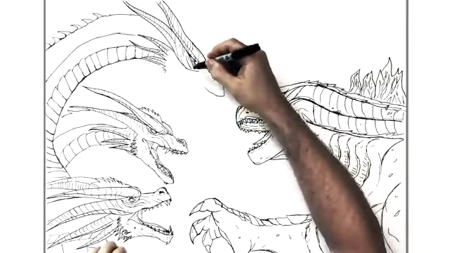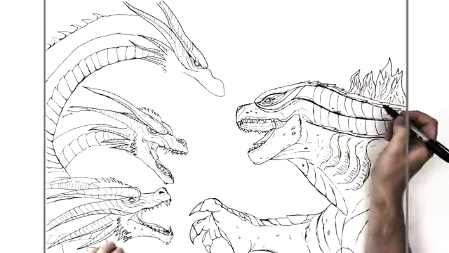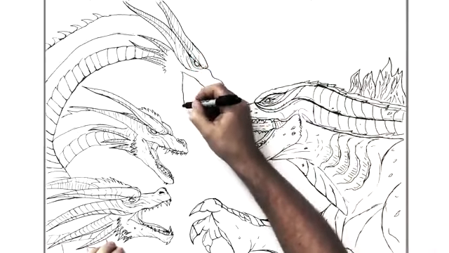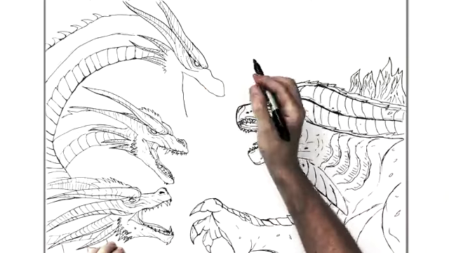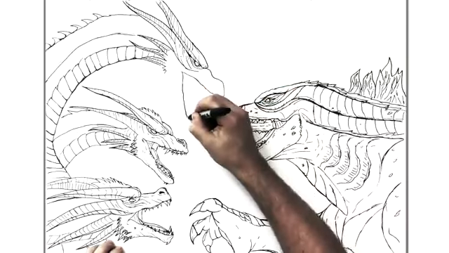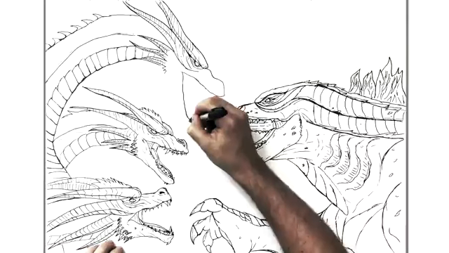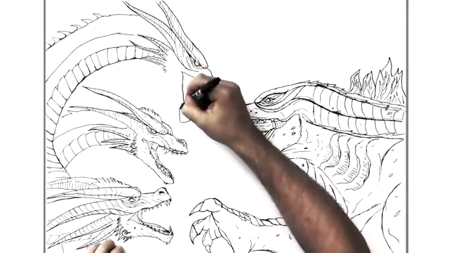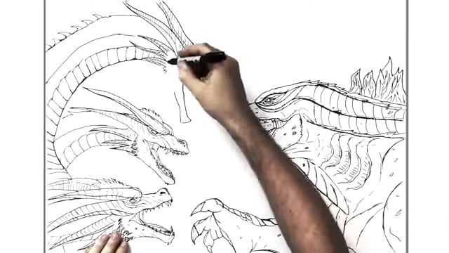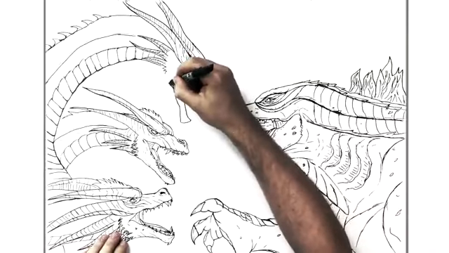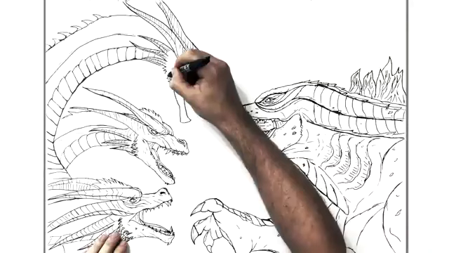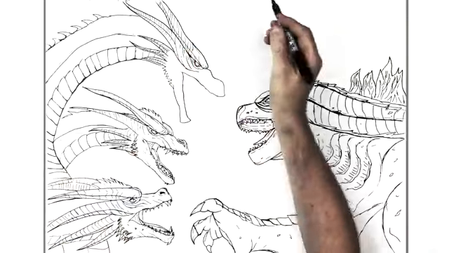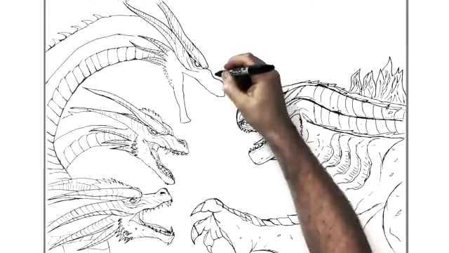Comes down the back, and then at the bottom of his mouth comes down here, down around, back down this way, underneath for his jaw here. And this has more spikes and things on it, which we will make detailed like these guys. But first we'll finish his teeth up here.